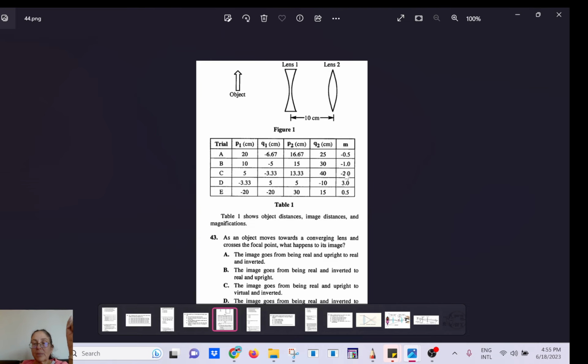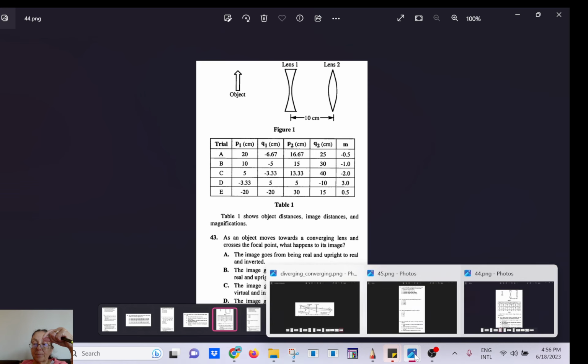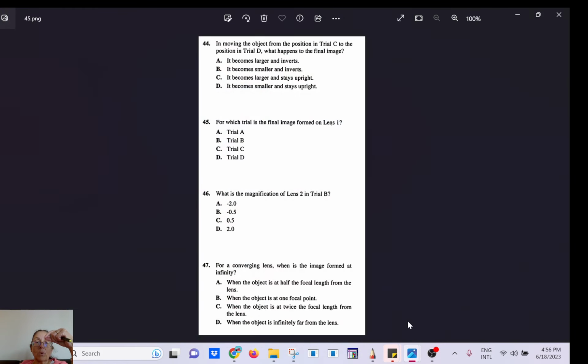So going from C to D, you will get a bigger image, but the image will be inverted relative to the image in C, because here it was upside down, and this one is upright. So you have to be careful with the wording.